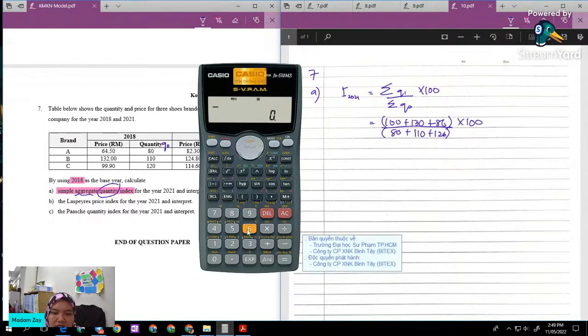Okay, so tekanlah kalkulator. 100 plus 130 plus 86, 316, bahagi dengan 80 plus 110 plus 120, multiply 100 is equal to.